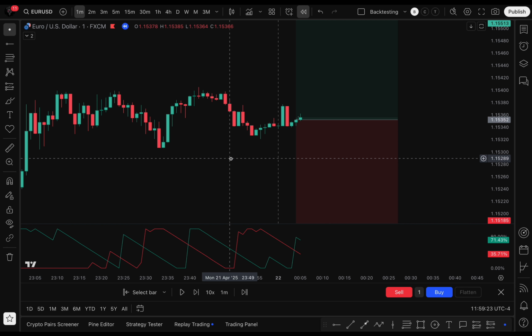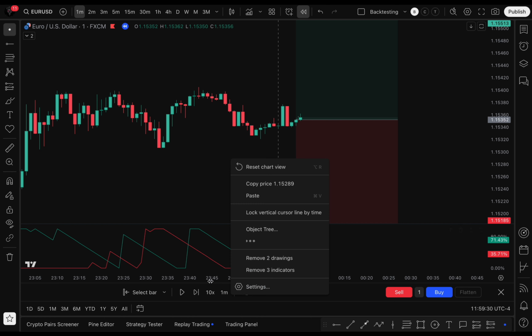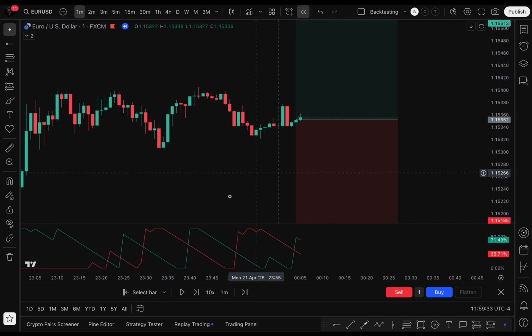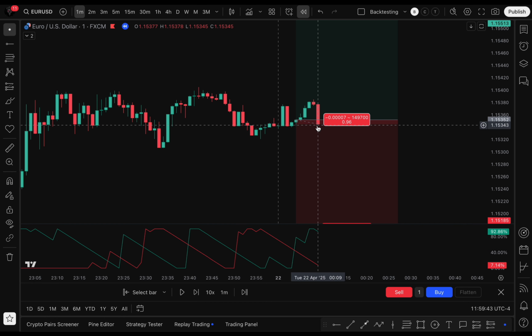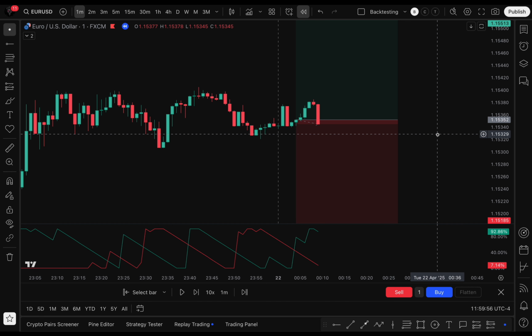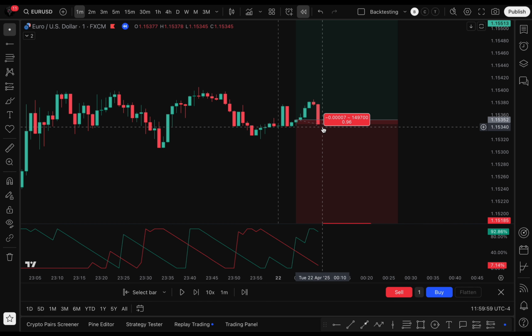Okay, so let's see how everything would have worked if we had executed a 5 minute binary option. So here's 1 minute, 2, 3, 4, and 5. Okay, this is a loss. So if I would have traded this signal, I would have caught a loss here.